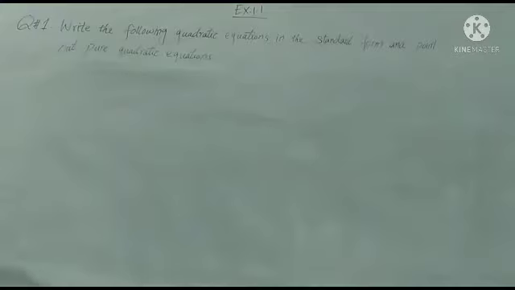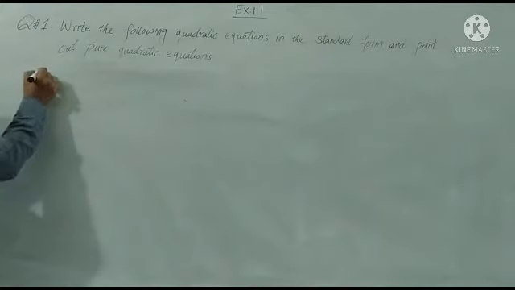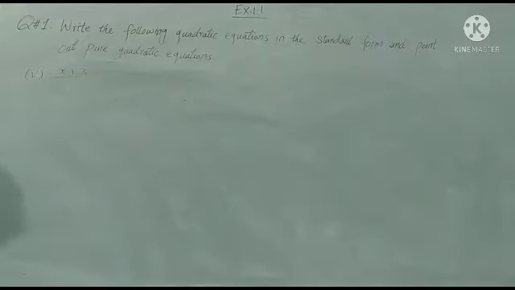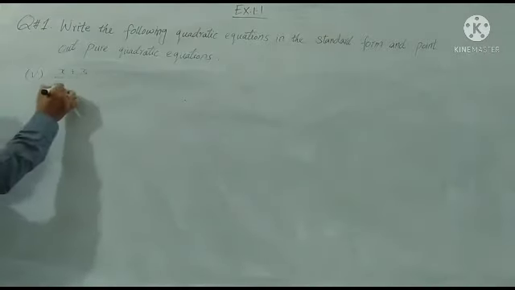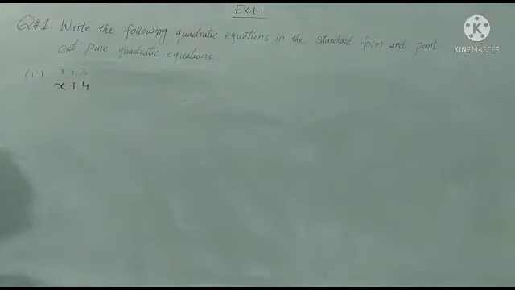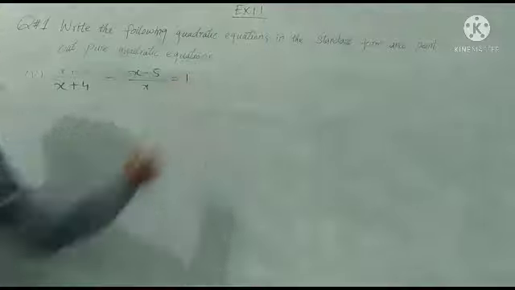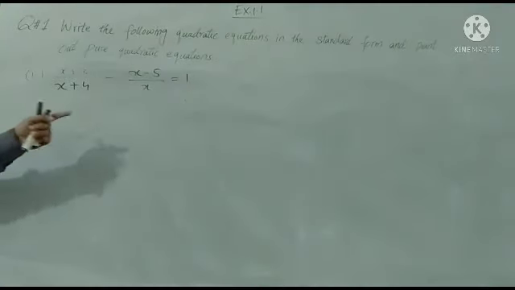For the fifth part, it is given that x plus 3 over x plus 4 minus x minus 5 over x is equal to 1. Now in the denominator the values are x into x plus 4.